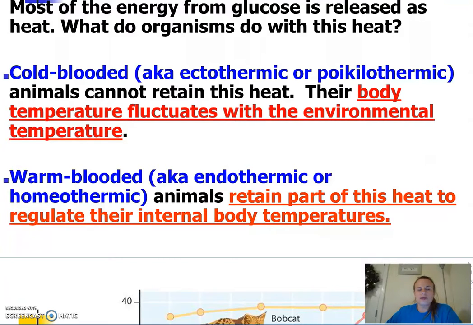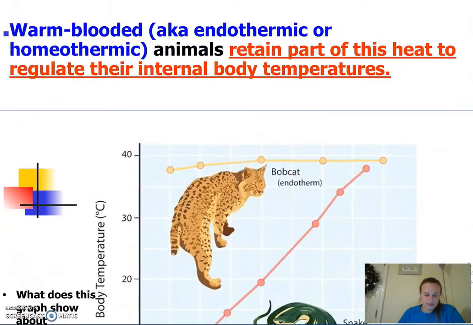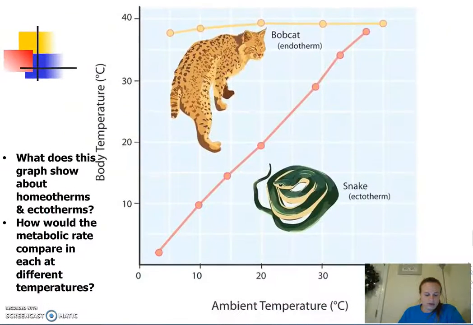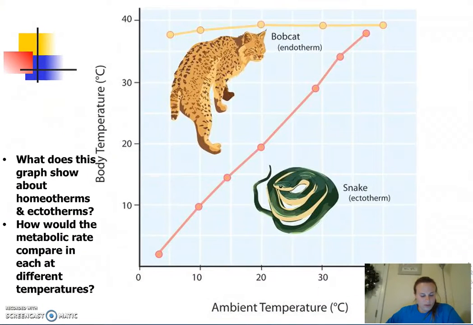In other words, a cold-blooded organism is usually going to be the same temperature as whatever environment it's in. Whereas warm-blooded organisms, known as endothermic or homeothermic organisms, retain part of their heat in order to regulate their internal body temperatures.